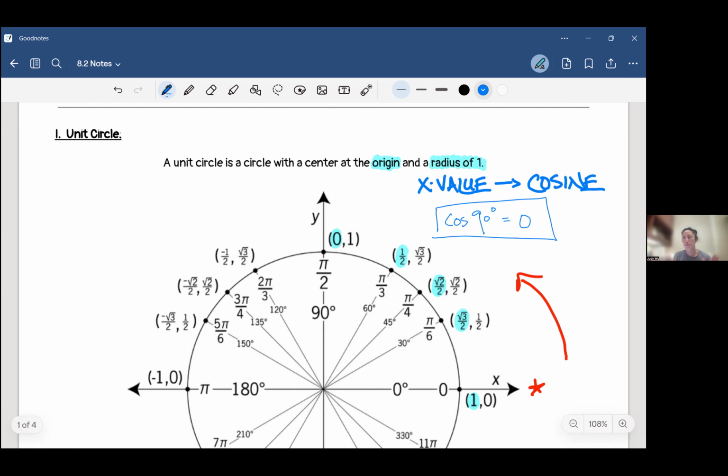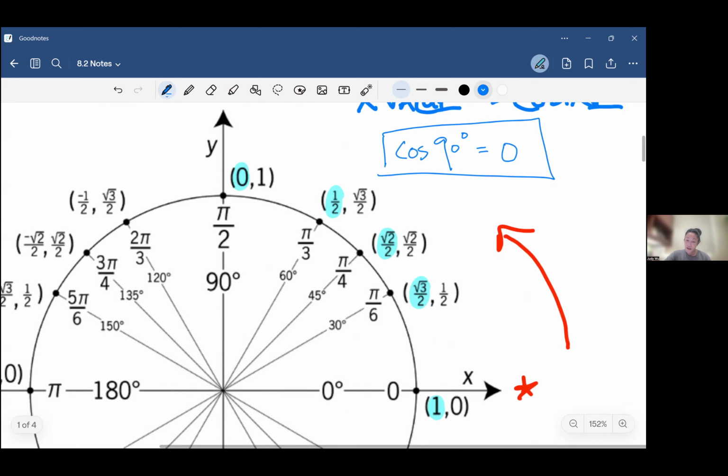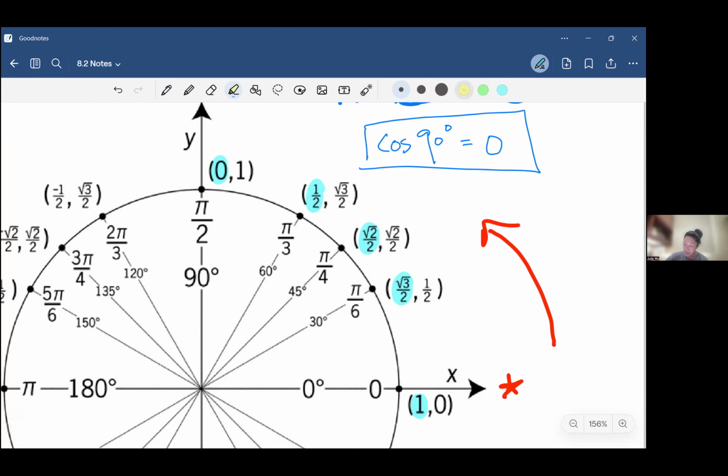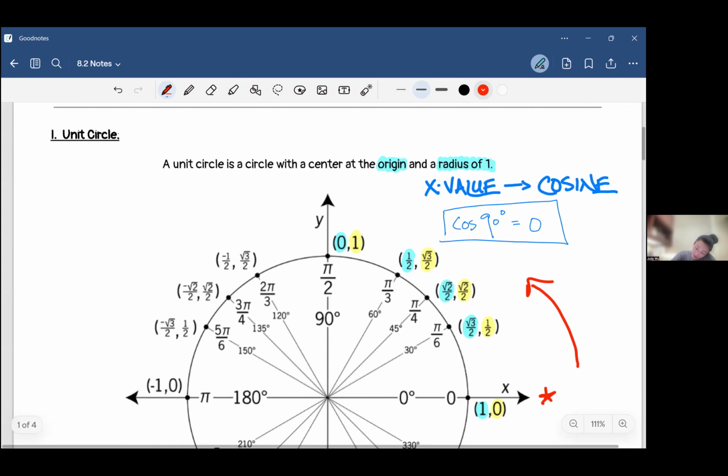We're going to do a few more examples, but I just want to do one to make sure we get the hang of what we're looking for. Let's go back to our highlighter. This time I'm going to highlight the y values: 0, 1/2, root 2 over 2, root 3 over 2, and 1. It turns out that the y values tell us about the sine of an angle.